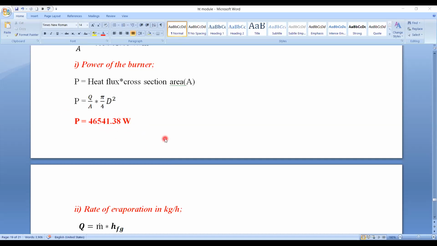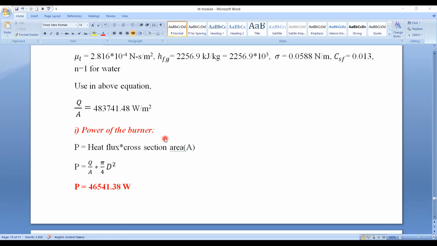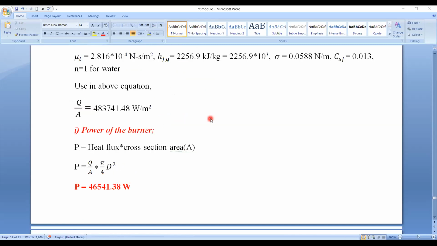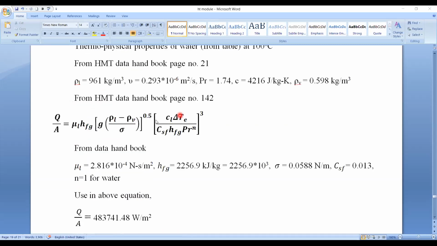Remember guys, these problems are very easy, provided you know how to extract the values from the data handbook, and the calculation part is important. Don't put the entire equation at a time in your calculator. Do the calculation in parts, separately, so you won't get errors in the final answer.